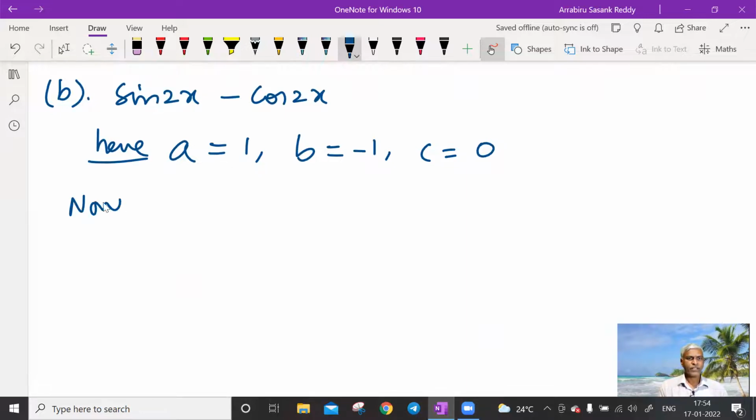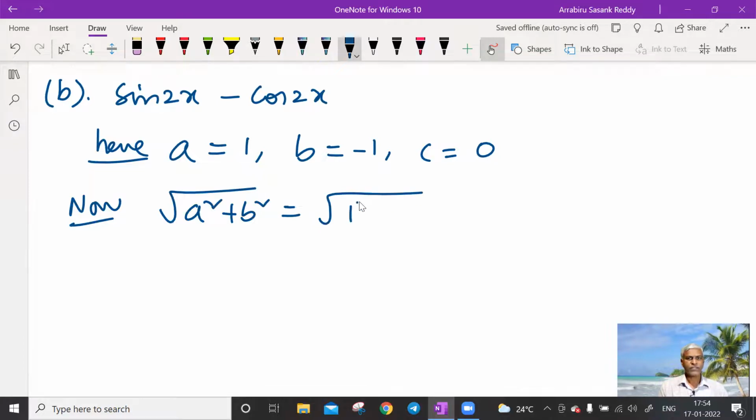Now find under root a square plus b square, which is 1 square plus minus 1 square, that is 1 plus 1, that is root 2.